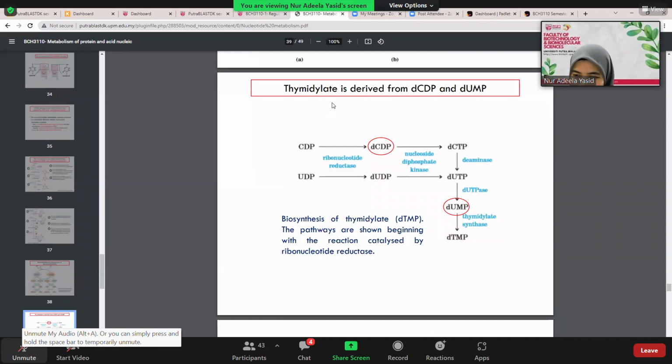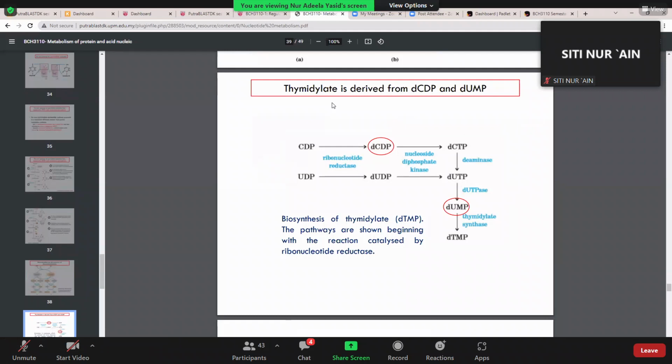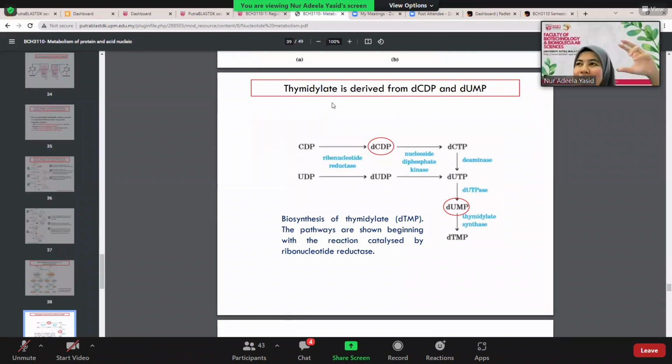Ada response. Betul. Ingat tak? Ingat. Do you still remember that in purine biosynthesis we get the formation of AMP and GMP.